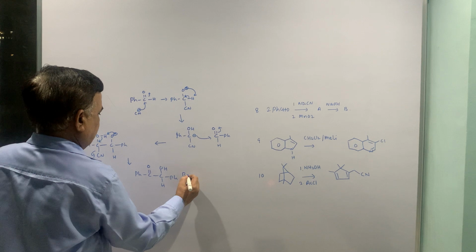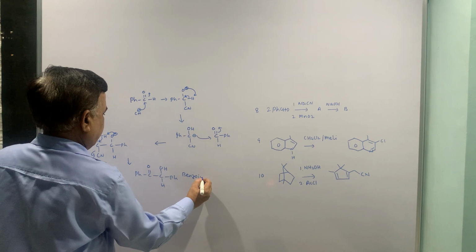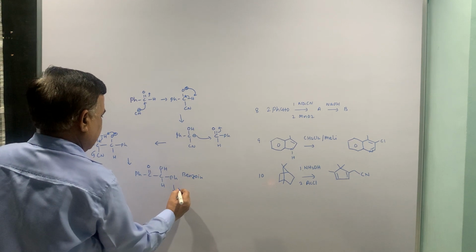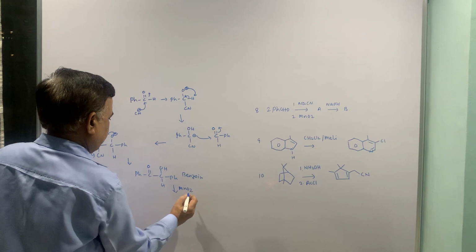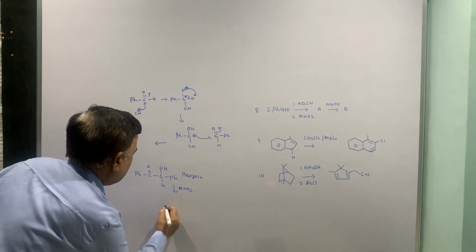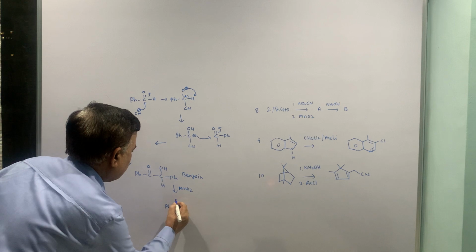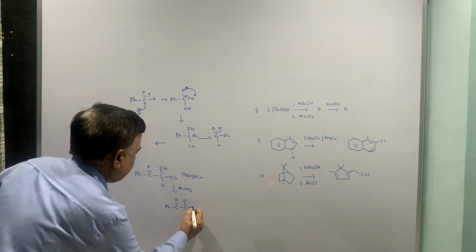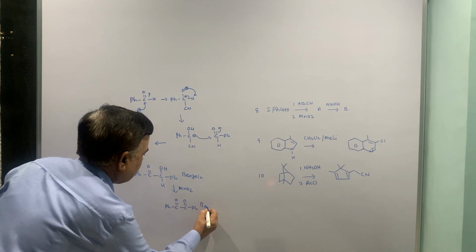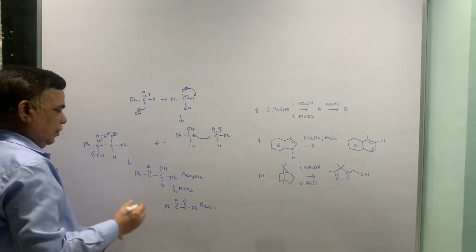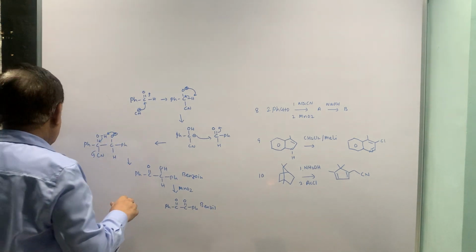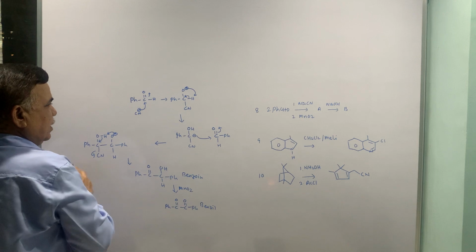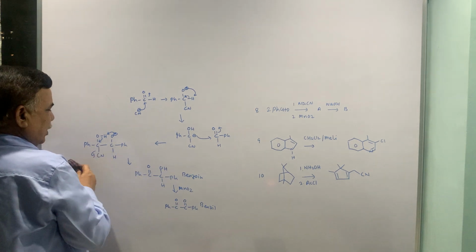So this is benzoin. When it interacts with MnO2, it is secondary alcohol. This becomes diketone. So this is benzil, and the mechanism part is easy. I will just quickly put that mechanism also.